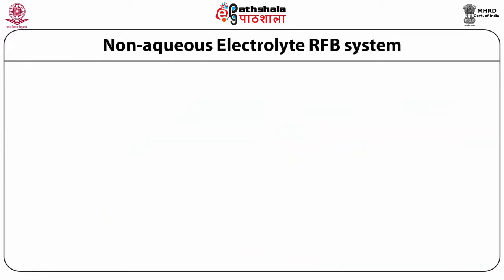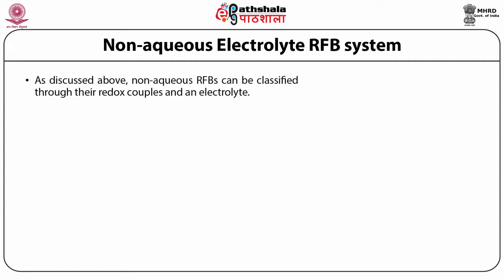Non-aqueous electrolyte RFB system. As discussed in our previous slide, non-aqueous RFBs can be classified through their redox couples and electrolyte. The schematic of a non-aqueous RFB system is shown in the figure.